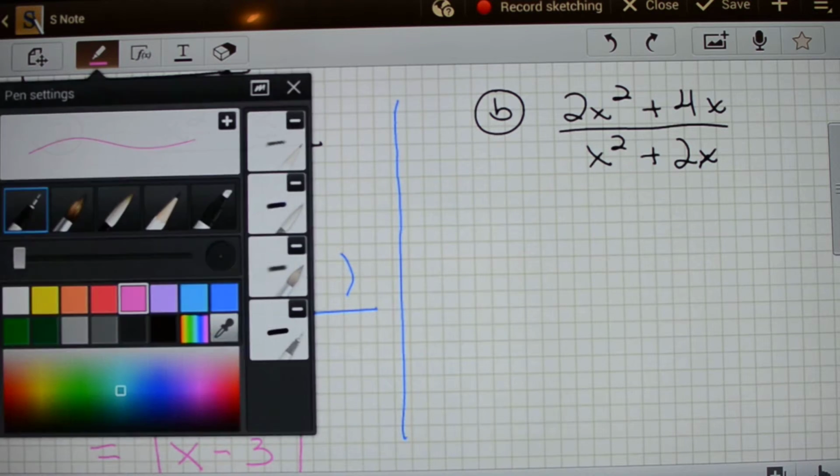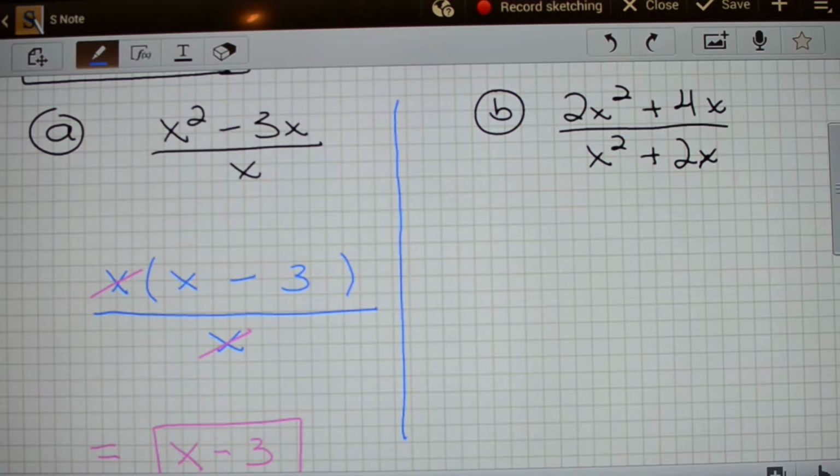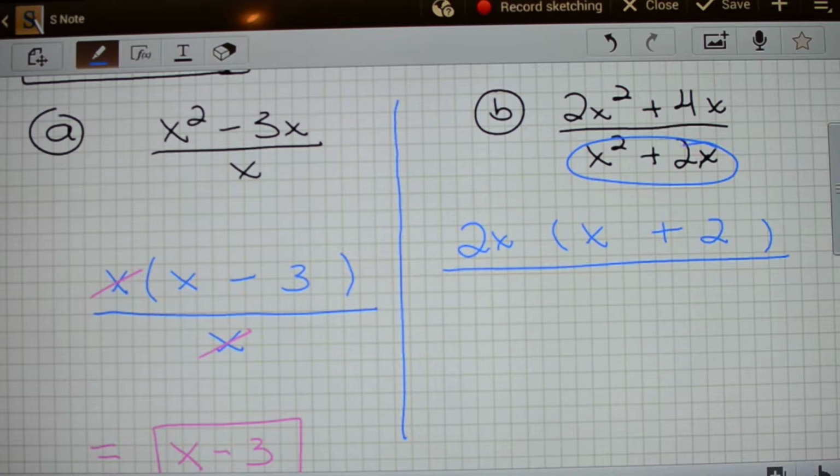On part B, let's see, we can actually factor the top and the bottom. So at the top, we can factor off a 2x. When we factor off a 2x from the top, from this term we're left with one of those x's, and from this term we're just left with plus 2. And then at the bottom, we can factor off an x.